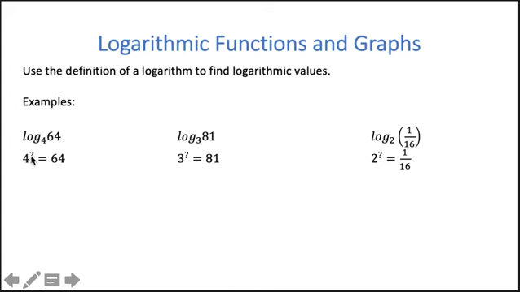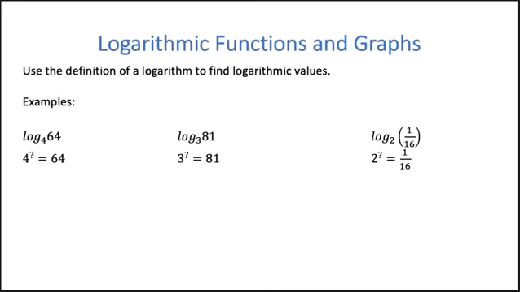Well, 4 to the third power is 64. 3 to the fourth power is 81. Now, how am I going to get 1/16? If you know your laws of exponents, you know if I start with 2 and end up with 1/16, I must have raised 2 to a negative power. So 2 to what power gives me 16?